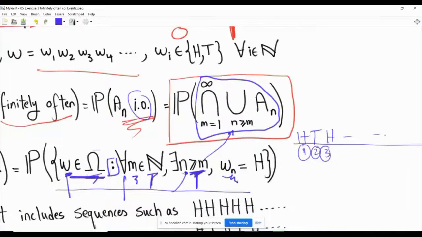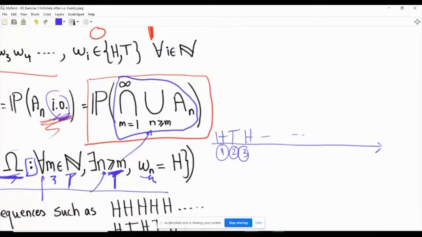We will include an infinite sequence in our A_n infinitely often event if, for every m, so you choose a natural number m, let's say that this is m, it's here, what should happen is that starting from m and higher, you must have at least a head.